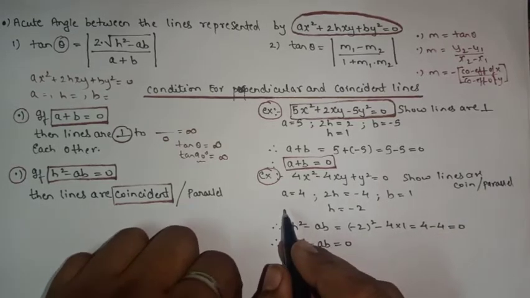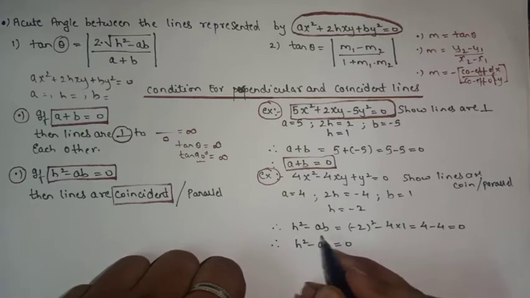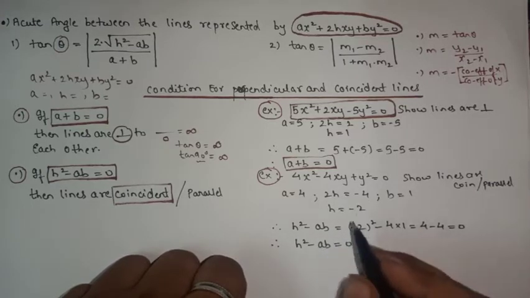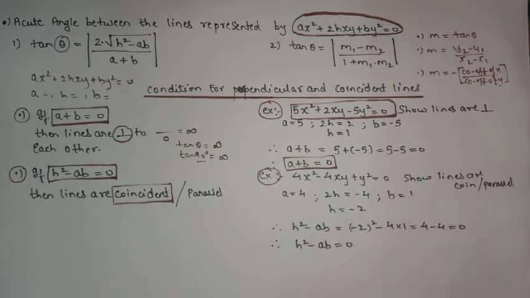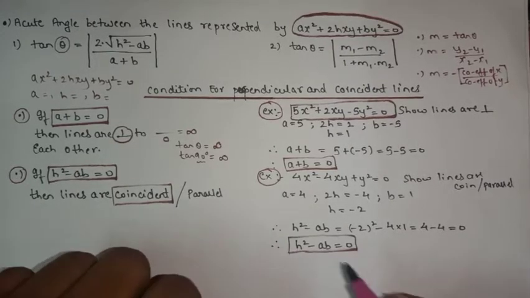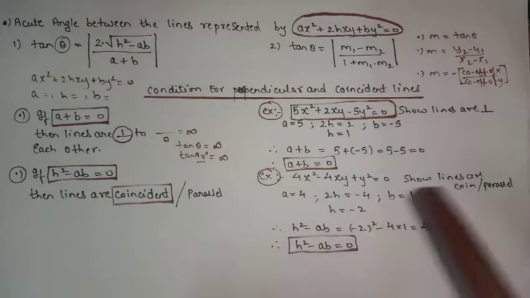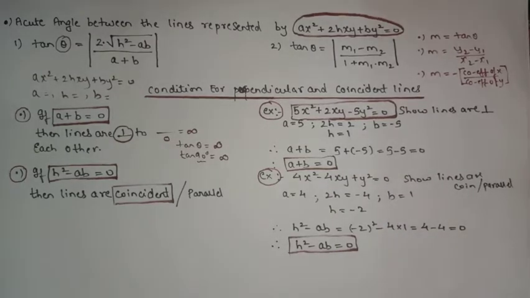So you will find the values of a, h, b and check whether h square minus ab equals 0 or not. When you substitute the values, here we are getting h square minus ab equal to 0. If h square minus ab equals 0, that means we can say that the lines represented by this equation are coincident lines. Got the point?